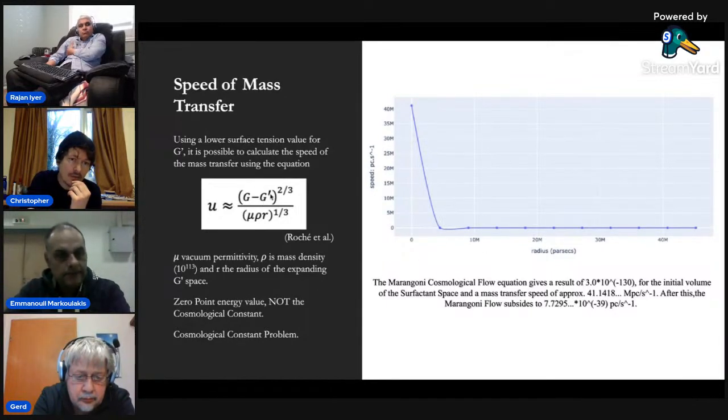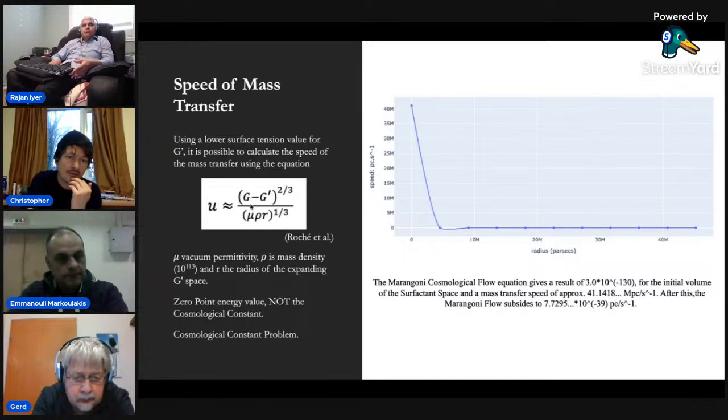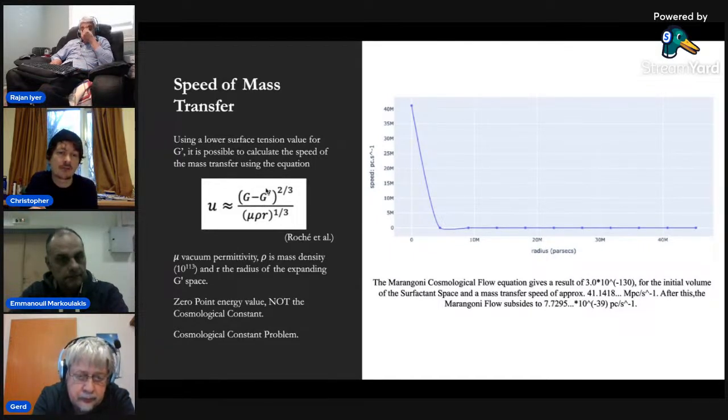So in this equation, this has been slightly altered to include the gravitational constant for ordinary space, which is just G, and then the new lower surfactant gravitational constant for surfactant space.